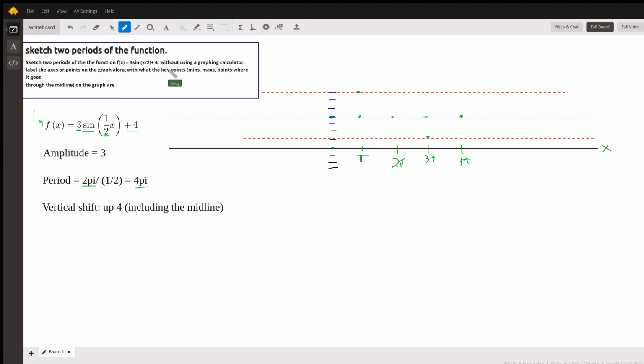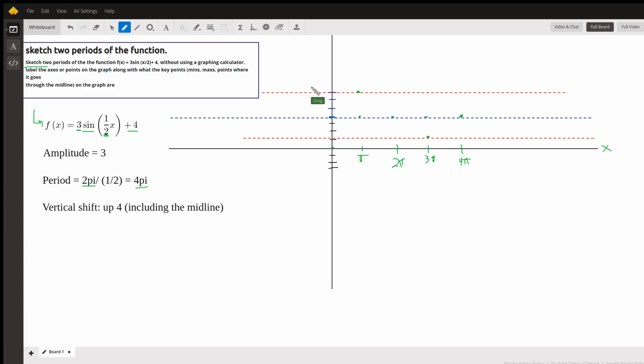Since you're doing a sketch, let's just see what we can do here. I would suggest first drawing a lightly dashed line at y = 4. We're going to move this midline up 1, 2, 3, 4 units. And then maybe some other dashed lines 3 units above and 3 units below the midline.